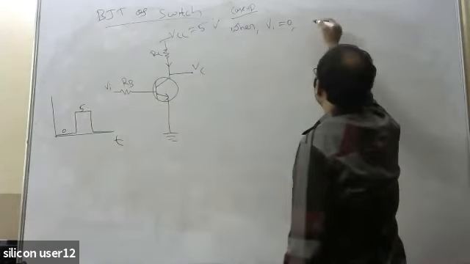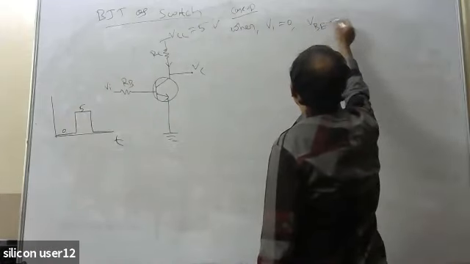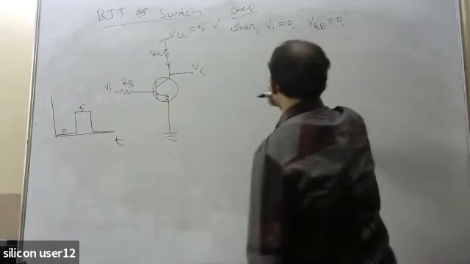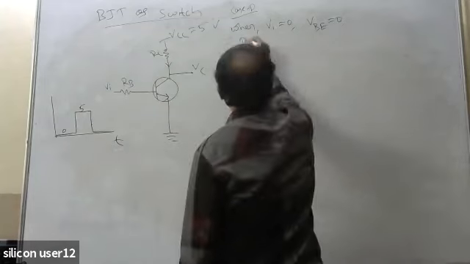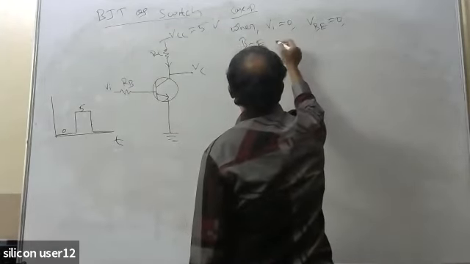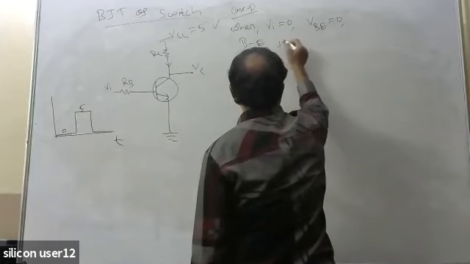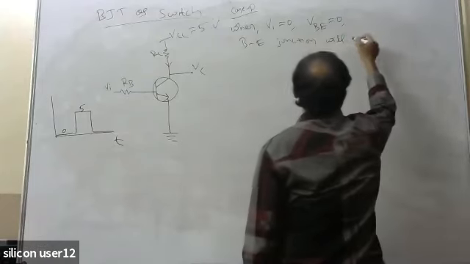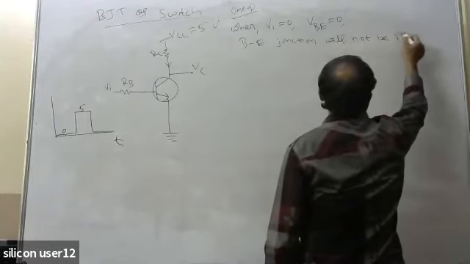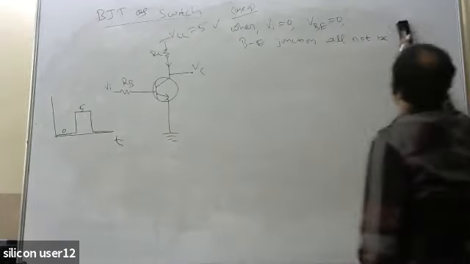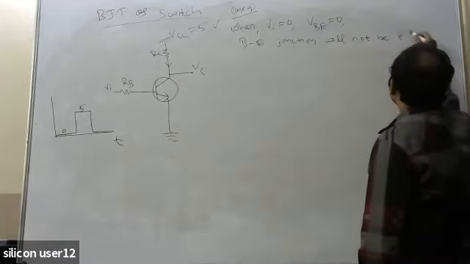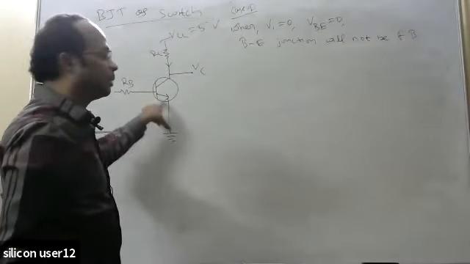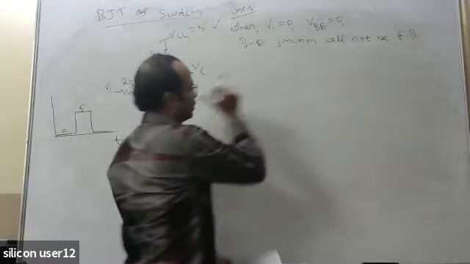VBE will be 0 and this base emitter region or junction will not be forward biased. If this junction is not forward biased, the IB current, or the base current, will be equal to 0.